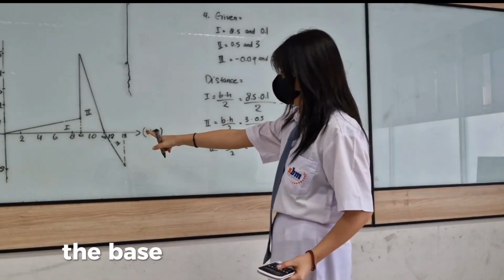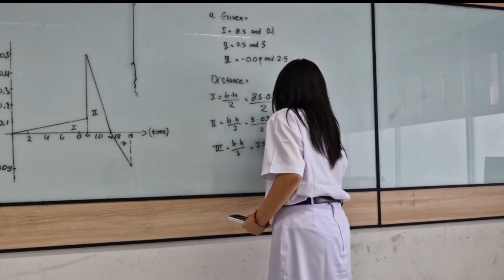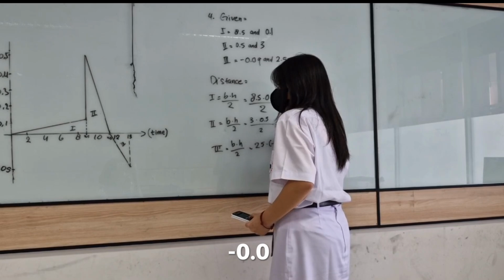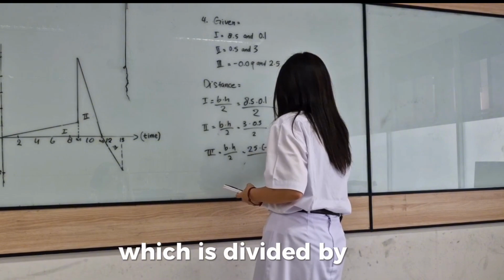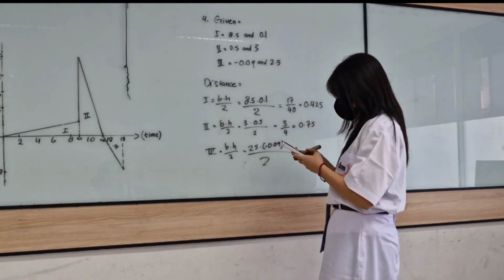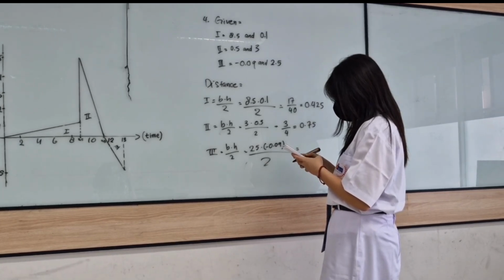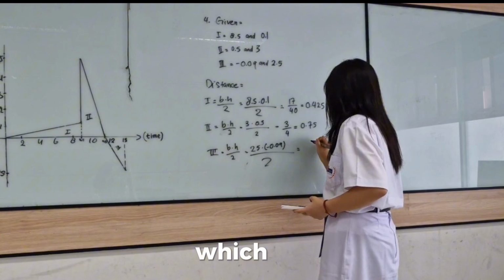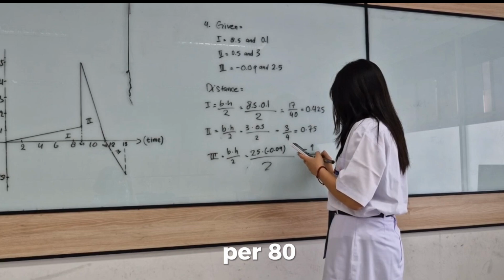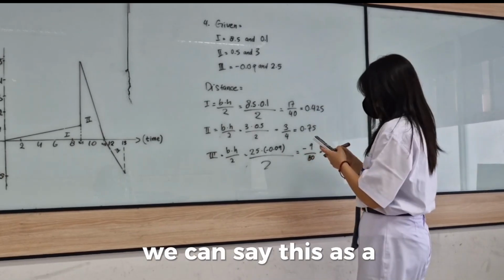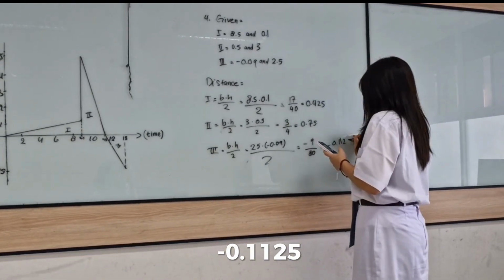The base is 2.5 times the height 0.09, divided by 2, which is minus 9 per 80. We can say this as negative 0.1125.